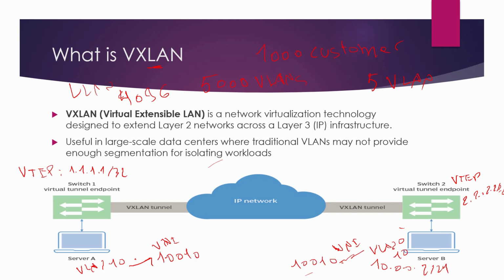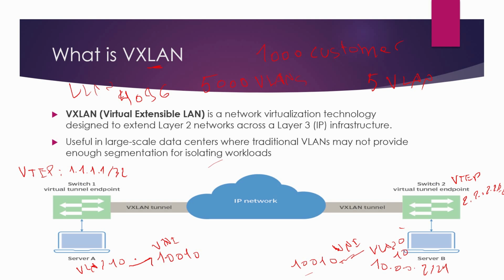Okay, so when we have traffic from A going to B, we have the original frame, which includes the source MAC of A and destination MAC of B, and the IP address 10.0.0.1 as source and destination 10.0.0.2, okay.